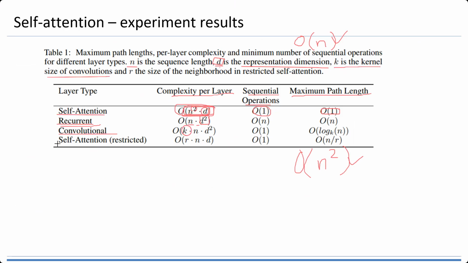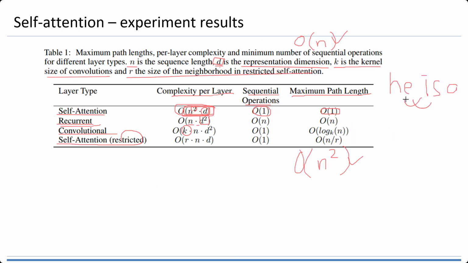And if you have the restricted self-attention, restricted means the size of the neighborhood is limited, so it only looks at the neighborhood.